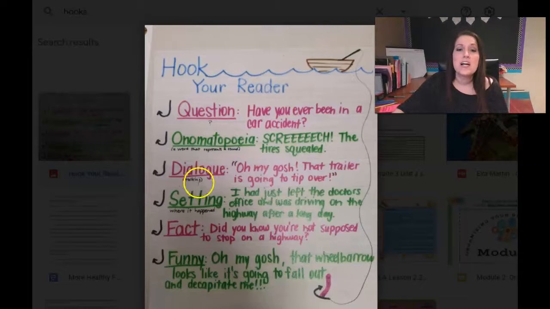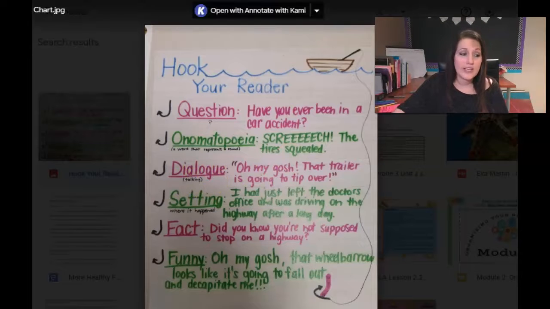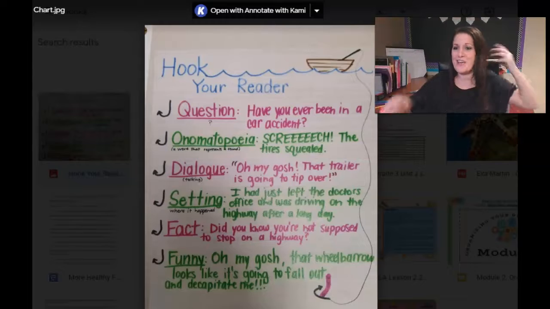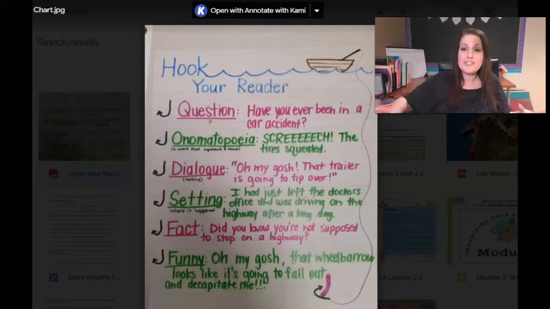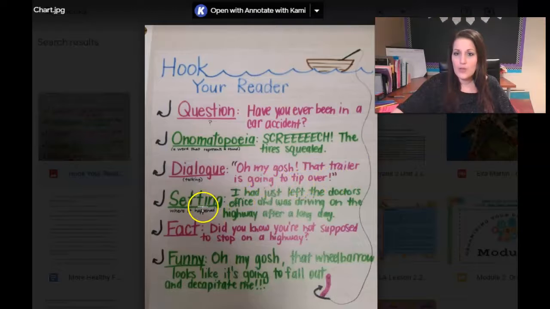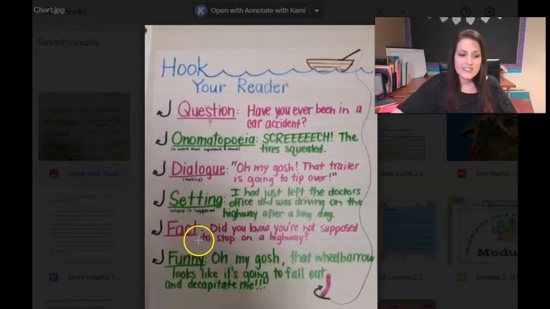Something like that. I could do a dialogue where I'm talking. Zola tracked mud in the house again. Something where there's talking. I could talk about the setting. There I was in the laundry room letting the muddy dog in again. So that talks about where I was. A fact.